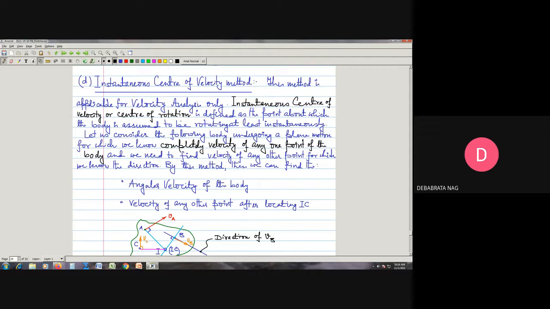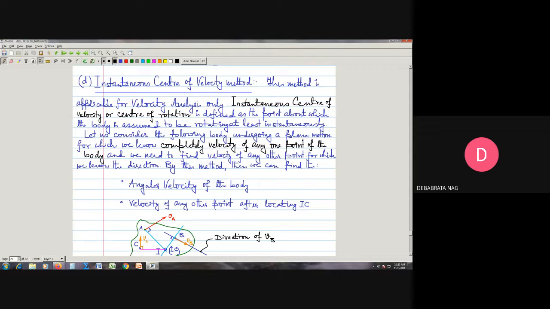However, if a rigid body undergoes fixed axis rotation about a point, then we do not have to find out the instantaneous center, because that fixed point of rotation, that is, the point about which the body is rotating about the fixed axis, will itself be the center of rotation, and that will not be instantaneous.